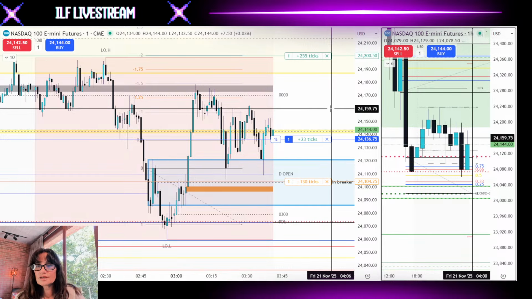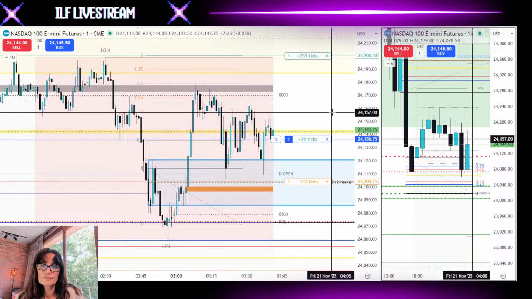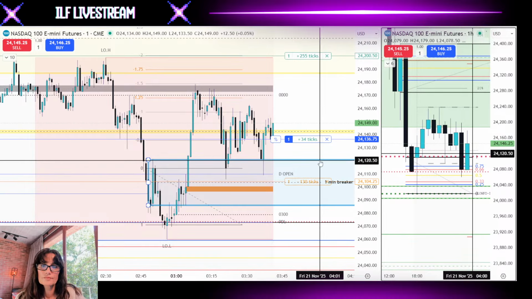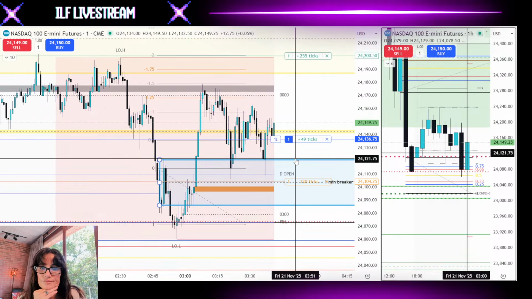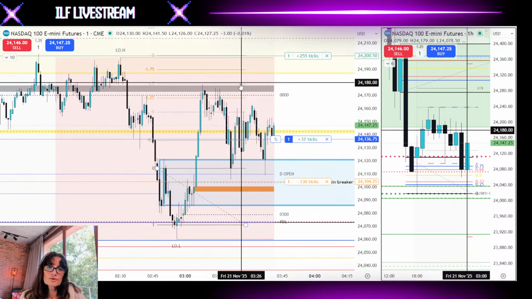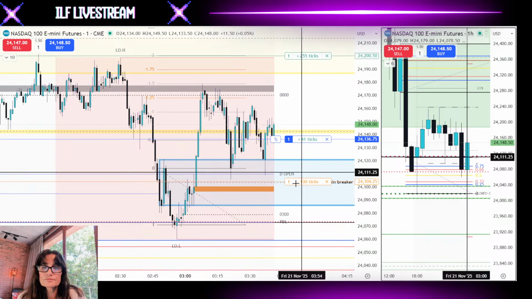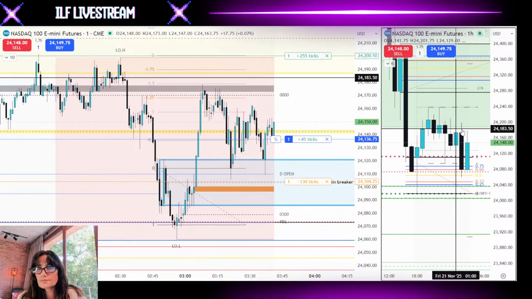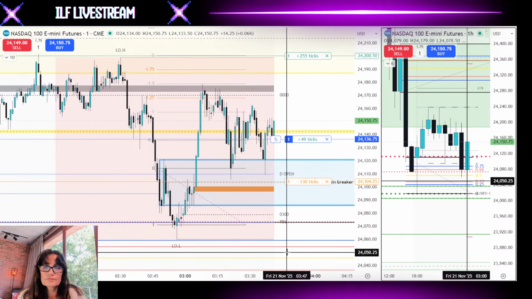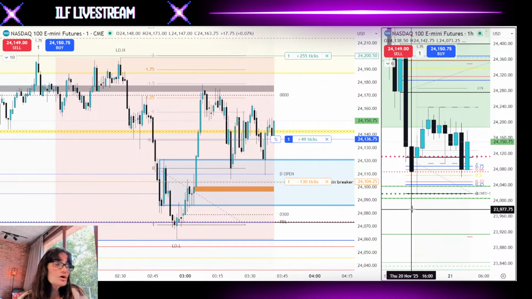24160 is a level to break. Let's see, guys. I would think it would take some liquidity before it goes back down after creating so much, but we are below midnight.